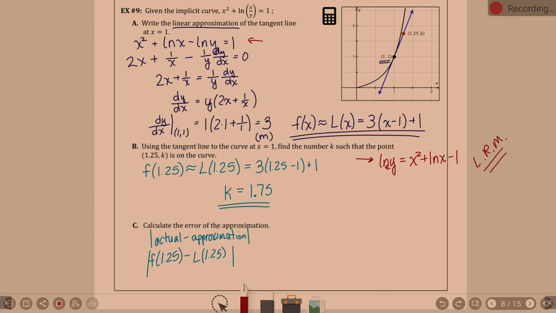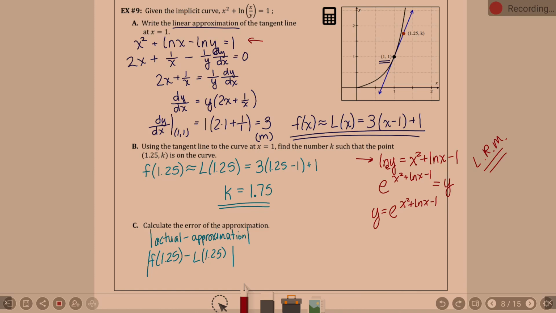Left, right, middle. So what are we going to say here? The e on the left raised to the junk on the right, x squared plus natural log of x minus 1, equals what's in the middle? y. So we just came up with the equation y equals e to the x squared plus natural log of x minus 1. It's there, isn't it?